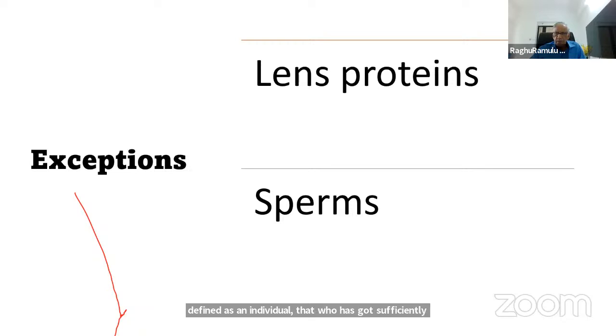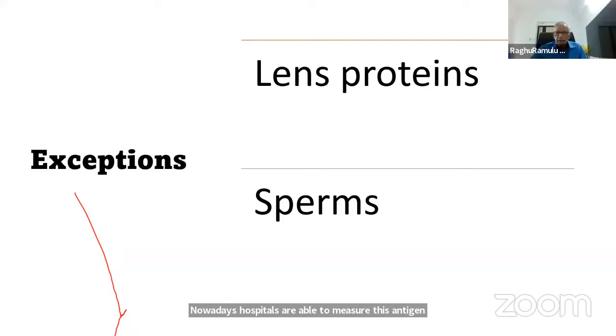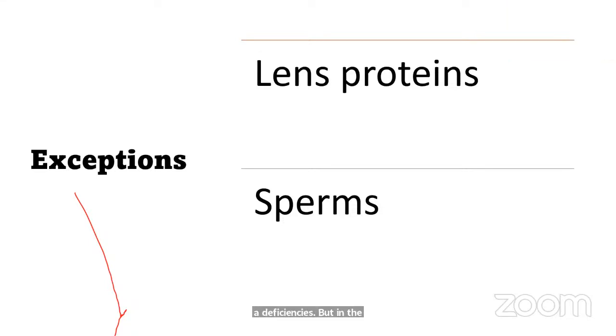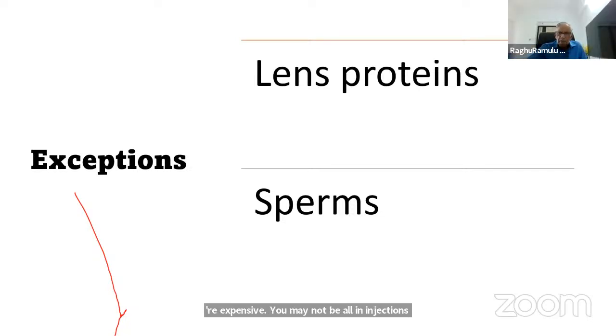Nowadays, hospitals are able to measure these antibodies and report that you have deficiencies in immunoglobulins, and they can give immunoglobulin injections. But that's quite expensive. Immunoglobulin therapy is also expensive.